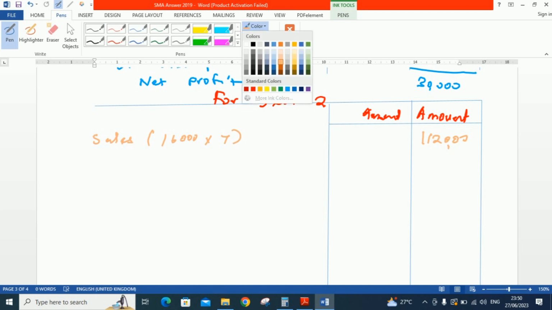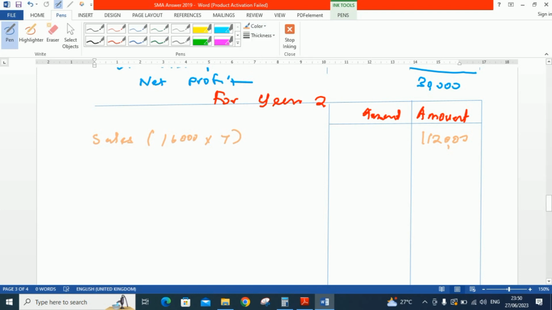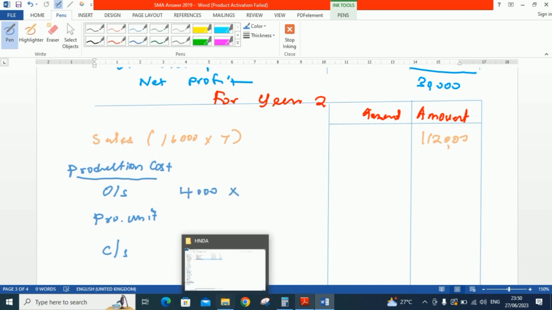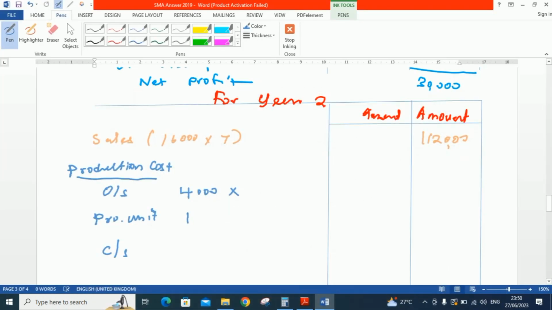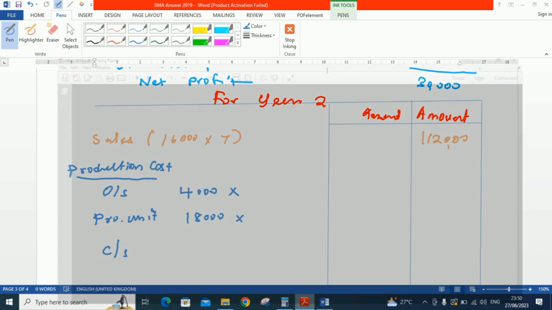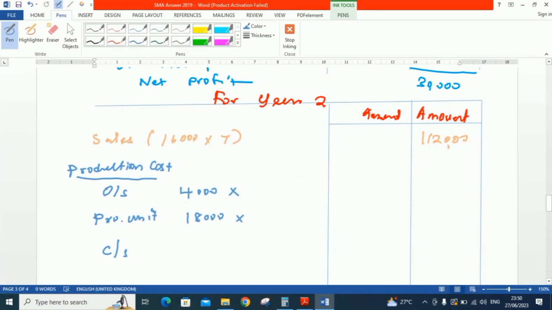And we need to calculate the production cost. Opening stock, production unit, and closing stock. Opening stock 4,000 units and production 18,000 units and closing stock 6,000 units.